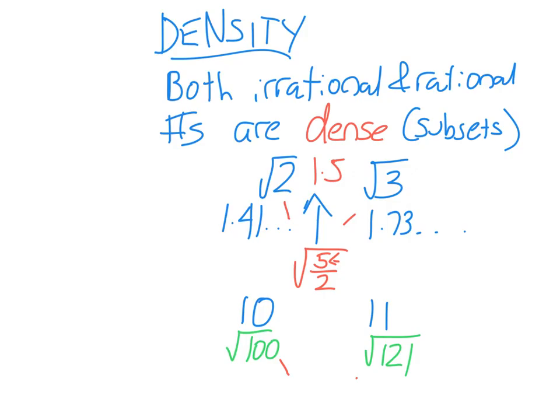So hopefully that didn't confuse you too much. Essentially what I'm saying is 101, 102, 103, all the way up to 120, are not perfect squares. So the square root of 120 will be an irrational number between 10 and 11. The square root of 102 will be an irrational number between 10 and 11. The square root of 101 will be an irrational number between 10 and 11, and so on.